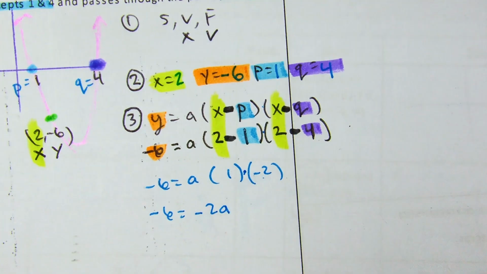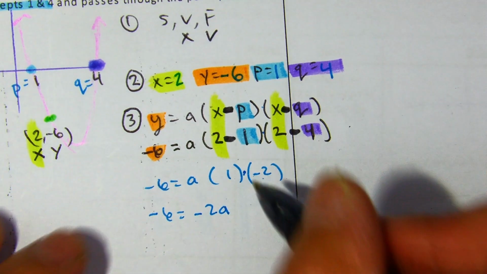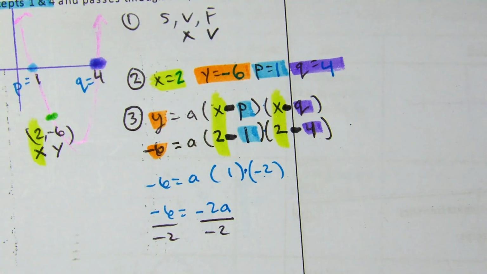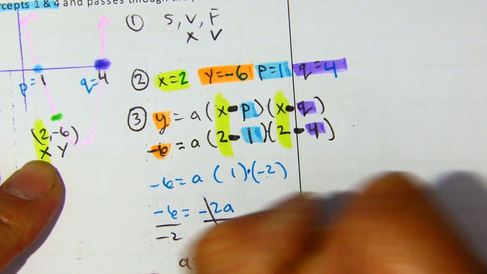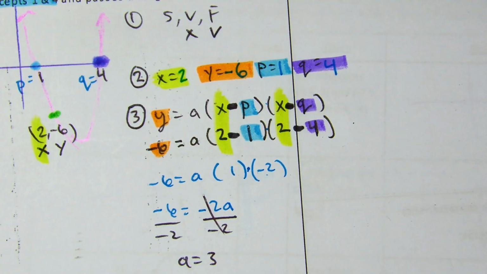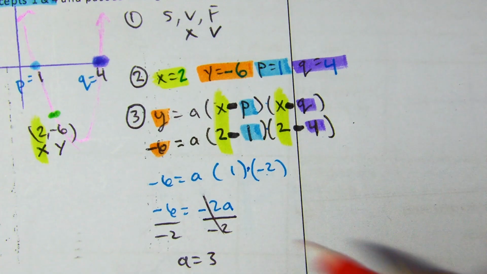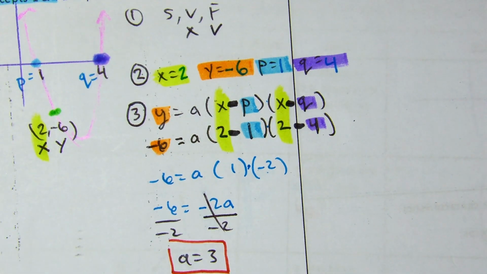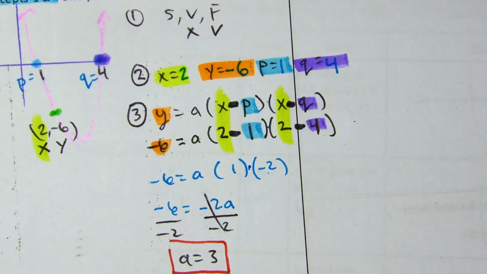So -6 equals -2a. Therefore, your a value is equal to 3. Let's pick a color. So I used all the colors. Let's use red. Okay. So picture, ID the form, the letters, solve for A. Now we're going to write our equation.